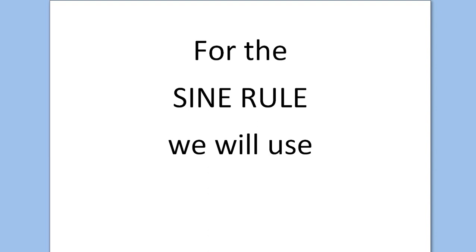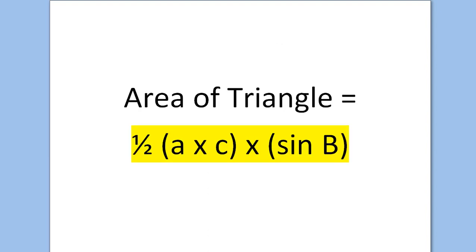Now for the sine rule, we will use the area of a triangle is equal to a half of a times c times the sine of B. Now I've written a and c in small letters and B in big letters. The reason I've done that is because a and c represent sides here. So the length of a side a and the length of a side c, and the capital B represents an angle.